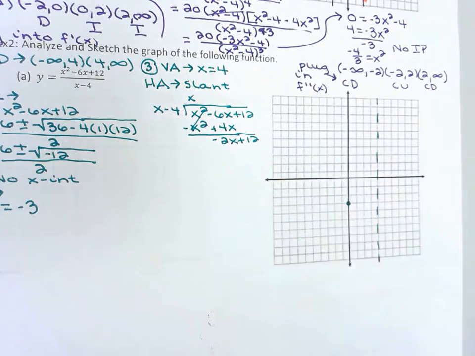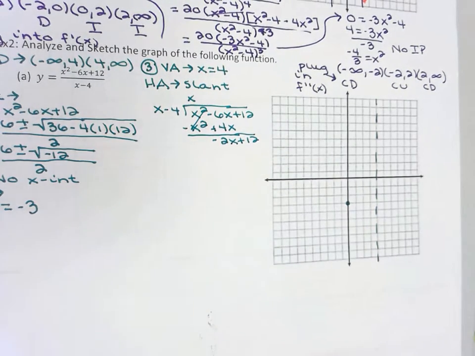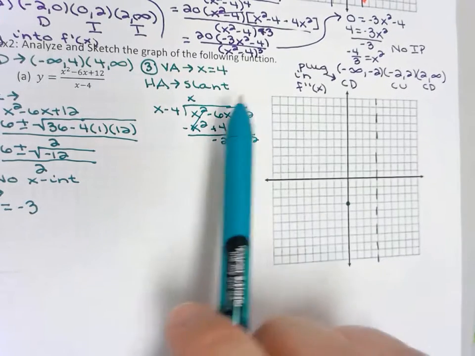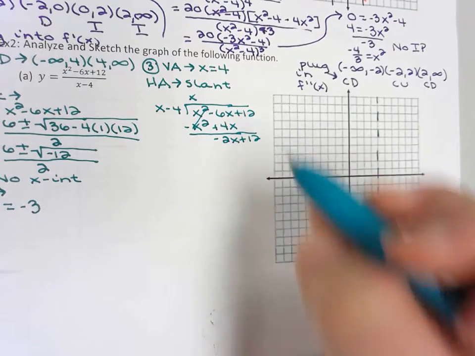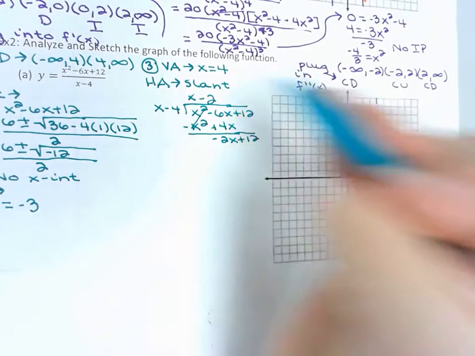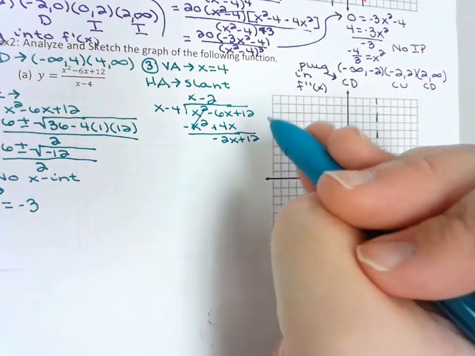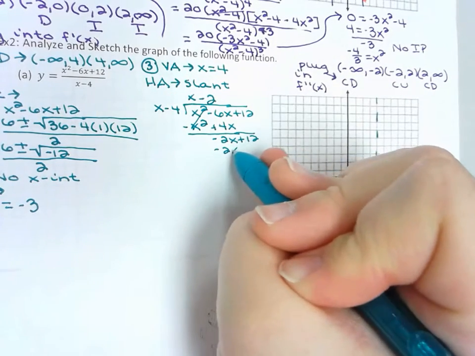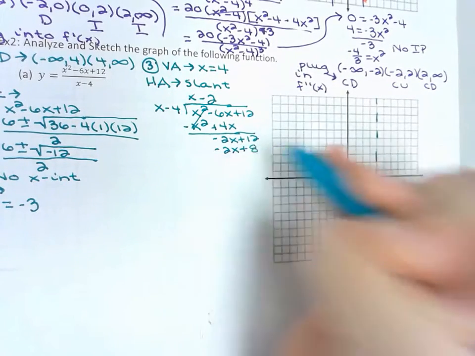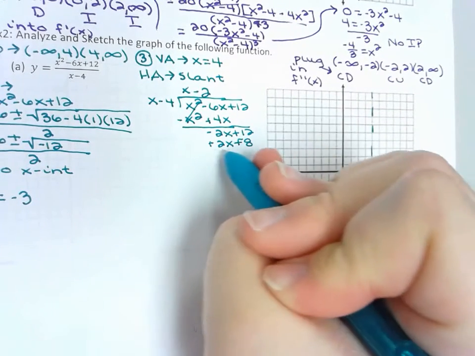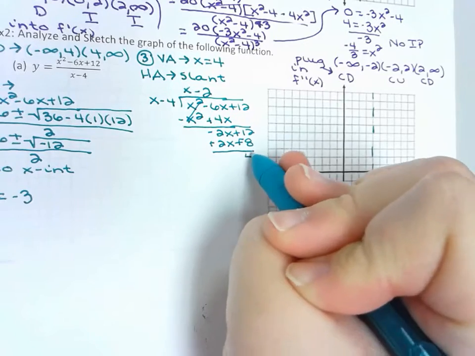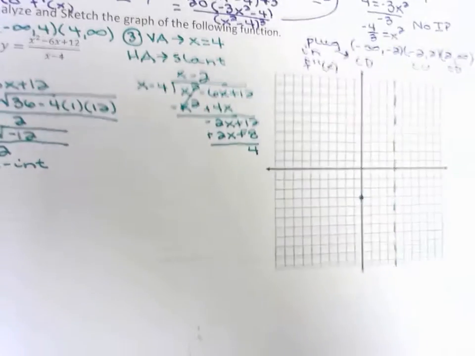What times x gives me negative 2x? Negative 2. So multiply through: negative 2x plus 8. Subtract, so change the signs. So it's going to be a 4. So I will have a remainder of 4.